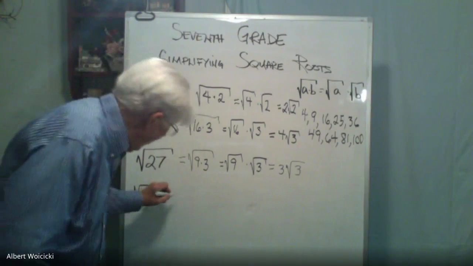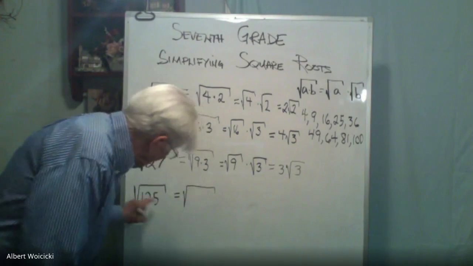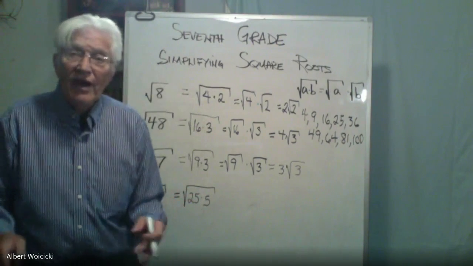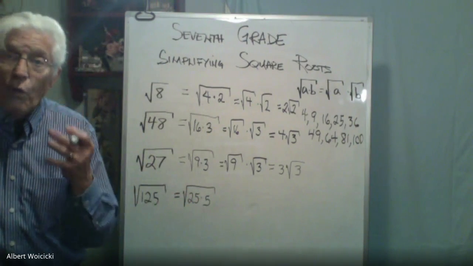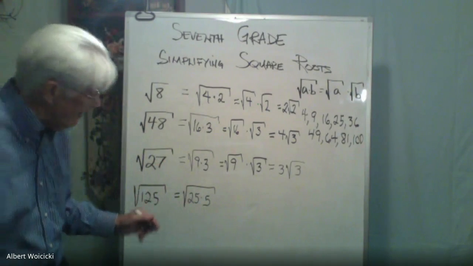So they know that this is going to be 25 times 5. Because 25 goes in here, and it's a perfect square. They're looking for numbers that are perfect squares that go in there evenly.